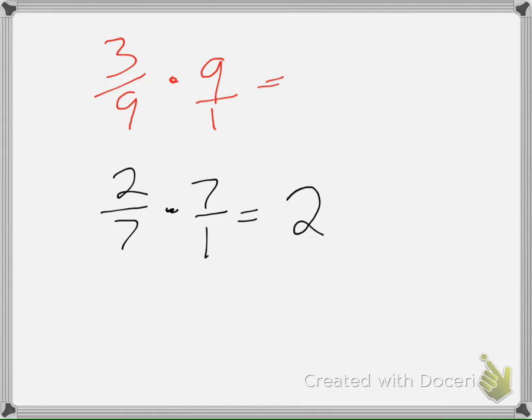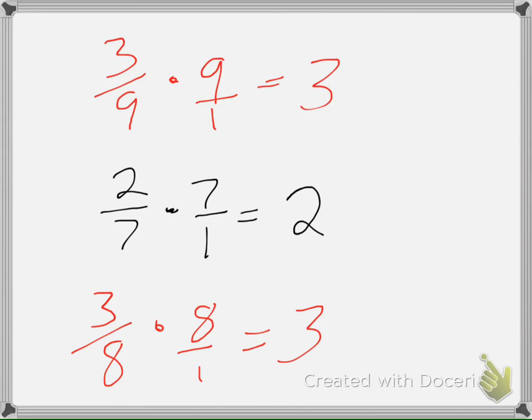Someone tell me what that is. 27/9. Which is, okay, let's look at another one. Let's say I have 3/8 times 8. Anyone notice a pattern here?